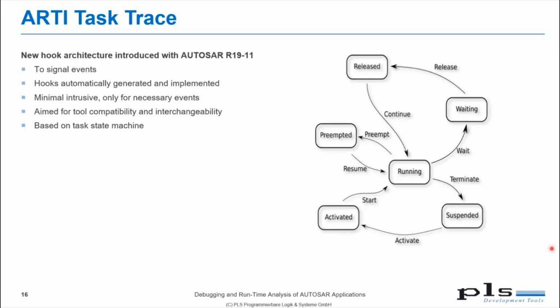You see here, for example, a state machine of a task state that is defined in the AUTOSAR standard, and this can now be completely reconstructed by the information provided in the trace file to show this information.